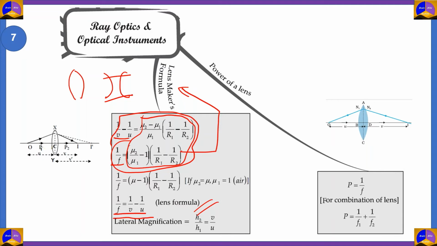For our calculations, we'll be using the lens formula in order to find the object distance and the image distance. And again, in this case, lateral magnification is height of the image by height of the object, which is just V by U. Positive V by U is for lenses, negative V by U is for mirror. And when it comes to the formula, it's the exact opposite. 1 by V plus 1 by U is for the mirror, while 1 by V minus 1 by U is for the lens.